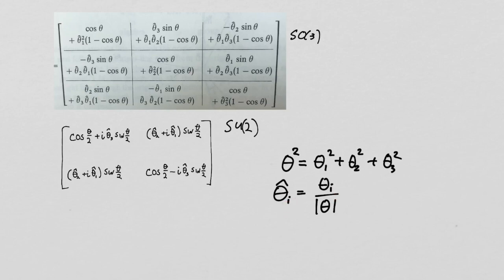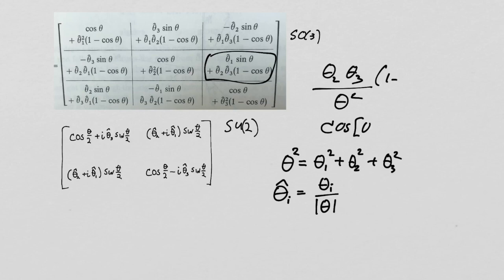Otherwise, this expression here, for example, would be theta 2, theta 3 over theta squared, 1 minus cosine of the square root of theta 1 squared plus theta 2 squared plus theta 3 squared. We would have carried all that around. So we simplified it. This is just a reminder of what we did several lectures ago.